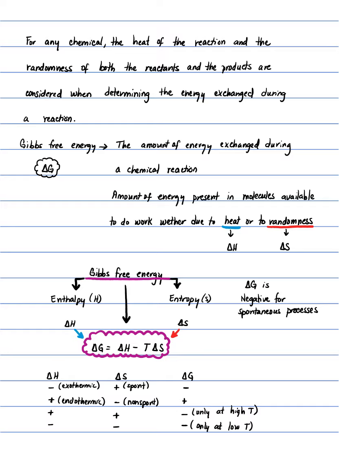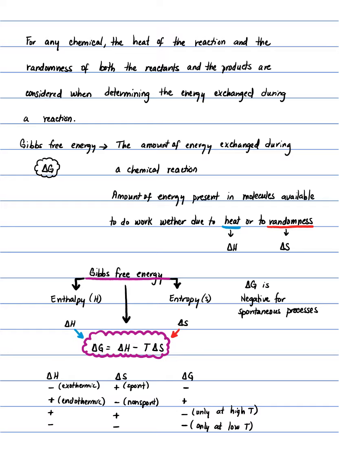Now, when we combine the randomness of a process and the enthalpy, which is that amount of heat that is being absorbed or released, we have now this new thermodynamic property, which is the Gibbs free energy.